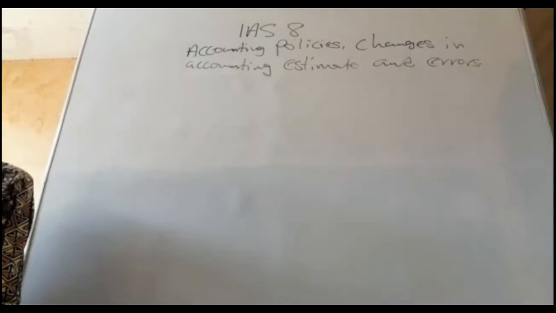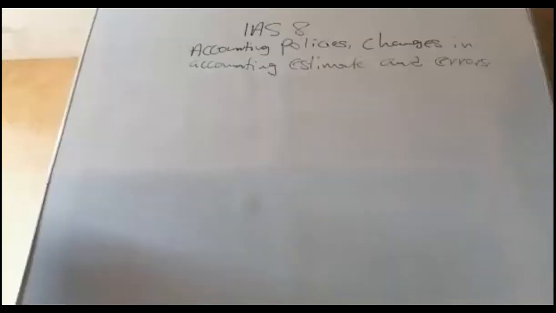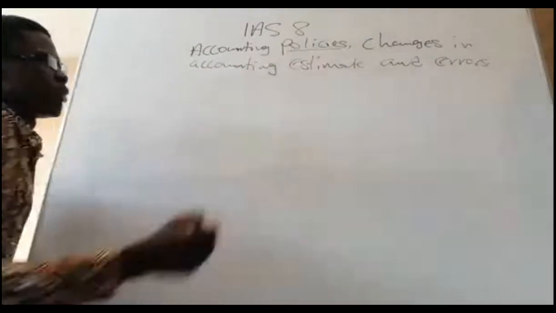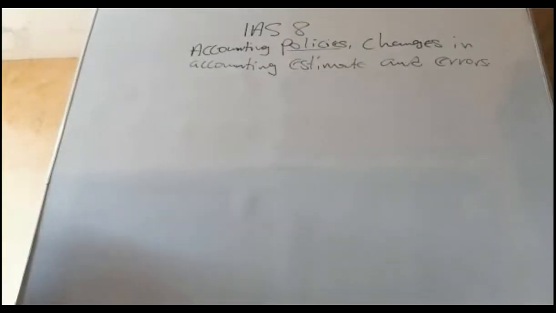Now let's go into detail. Basically, the objective of this standard is to describe a certain criteria in the selection of accounting policies by organizations and changes in accounting estimates, and then how to correct prior period errors.